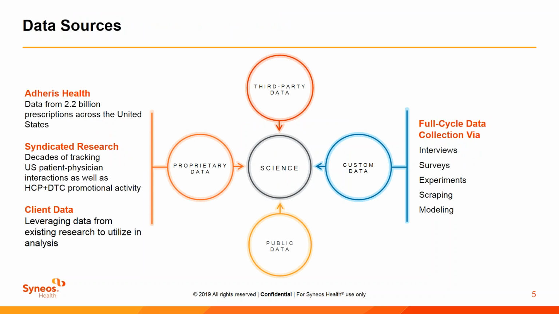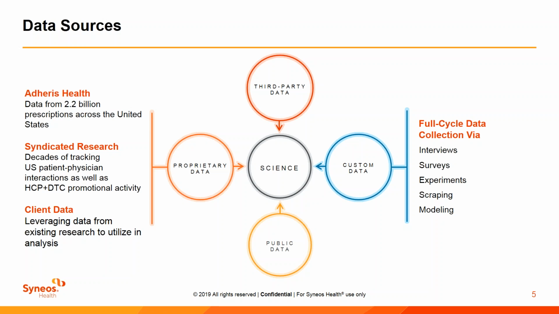There are 4 silos, sources that we go to when it comes to looking for data. On the left-hand side, the first silo that we look through is our proprietary data. Syneos is armed with 2 proprietary data companies, Adheris Health and Syndicated Research. Adheris Health is data in the pharmacy from over 2.2 billion prescriptions across the United States.